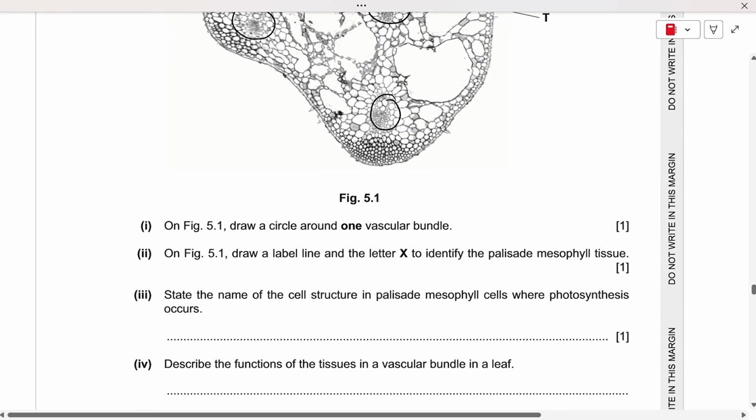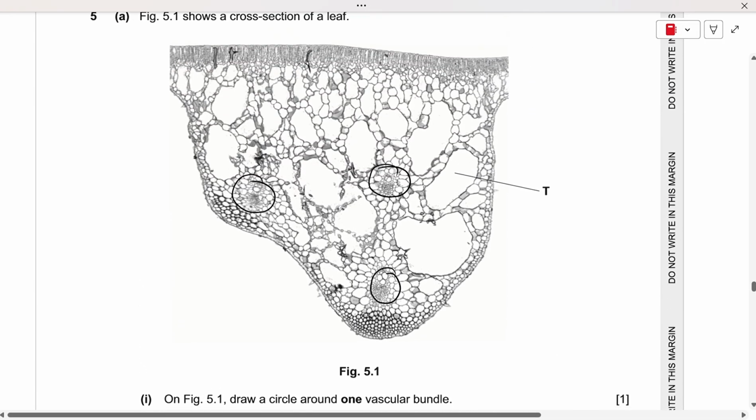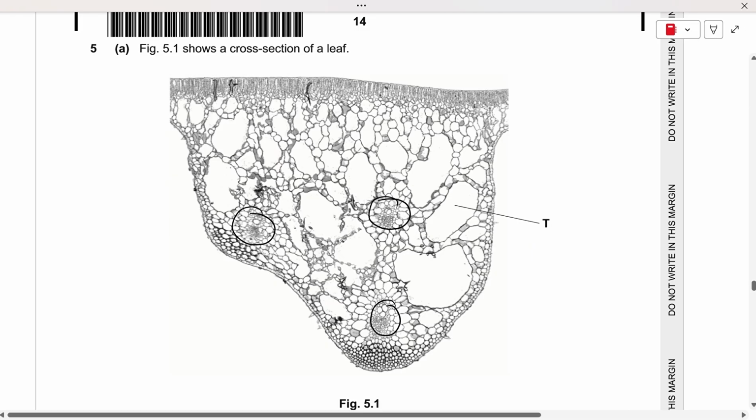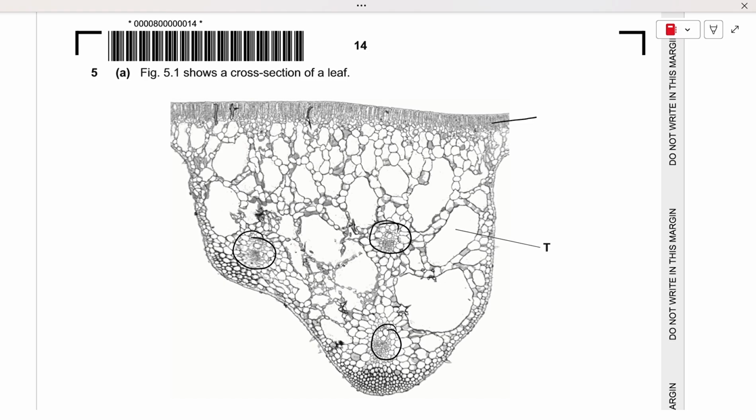Okay, on figure 5.1, draw a label line and the letter X to identify the palisade mesophyll tissue. All right, so the palisade mesophyll tissues are usually just after the epidermis, after the upper epidermis. So if you are to identify the palisade mesophyll cells, there should be these ones here. This here, an arrow.